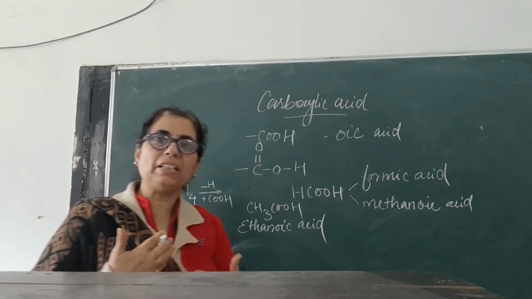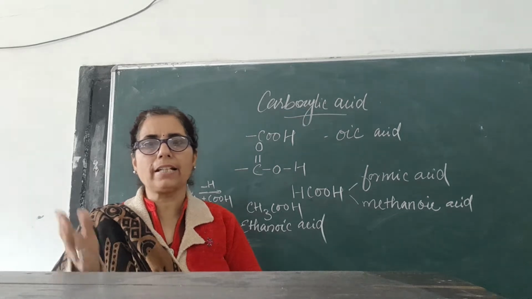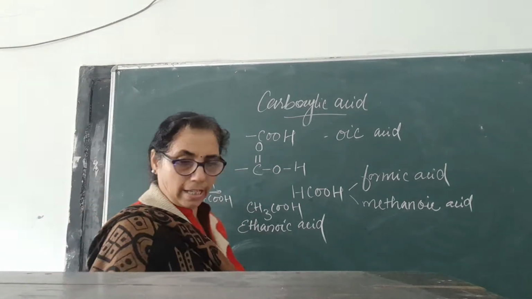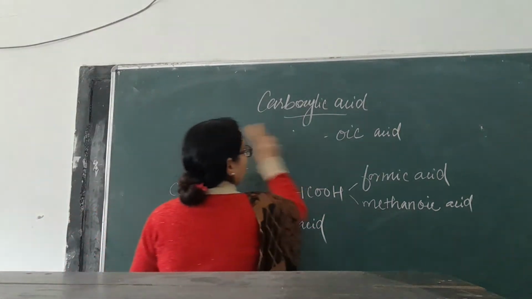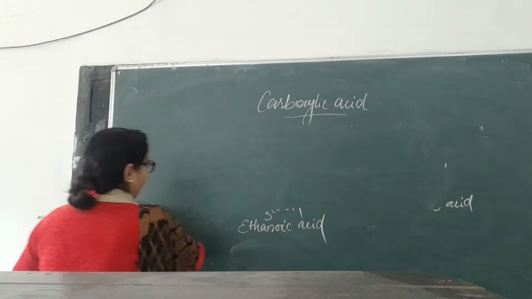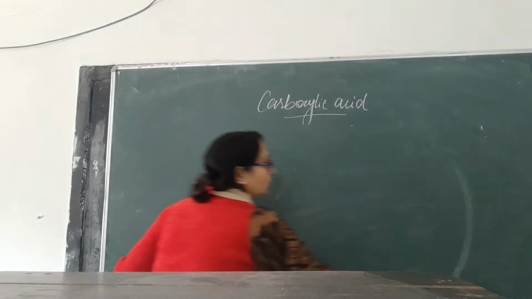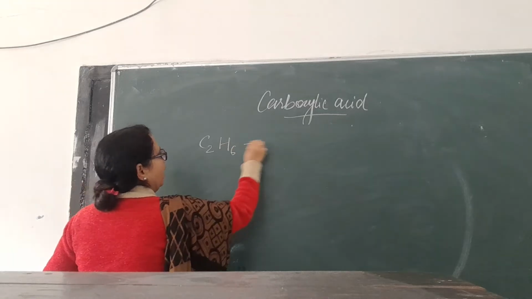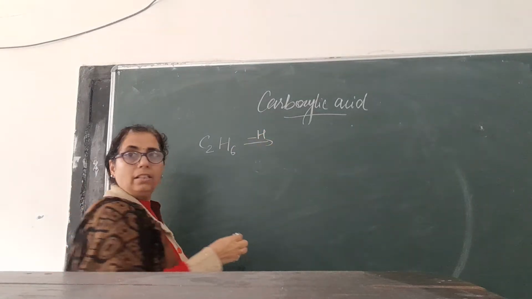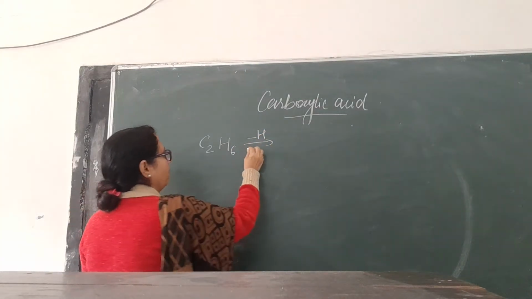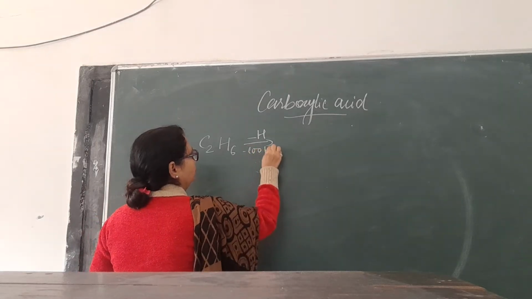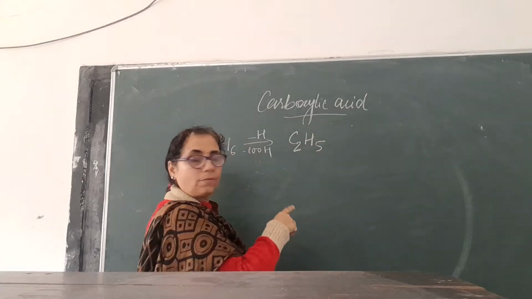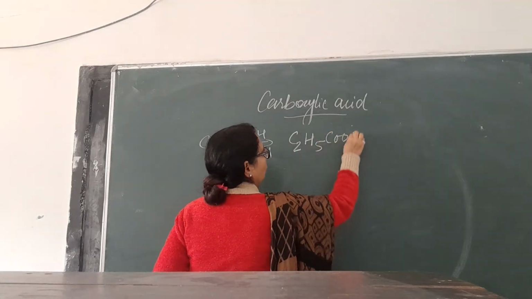Similarly, when we take ethane, remove one hydrogen and put the carboxylic group in its place, we will get a three carbon chain. I will write it down again for you here. If I take ethane and replace one hydrogen by the carboxylic group, you will get C2H5COOH.